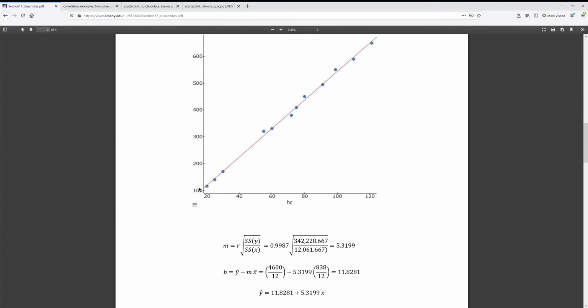If you make a mistake on the formula, particularly if the numbers are very different as they are here, 20 to 120, 100 to 600, you will probably know it and be able to catch it. Let me put that another way. 300,000 divided by 12,000 is a very different number from 12,000 divided by 300,000.